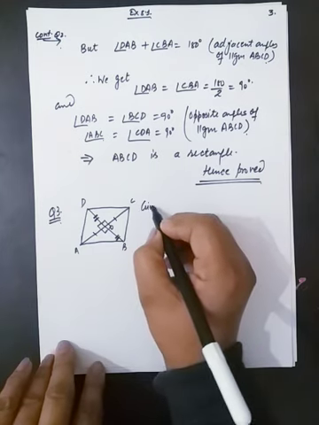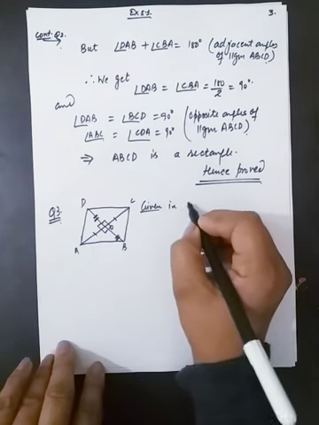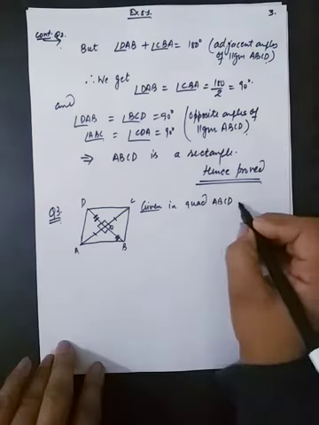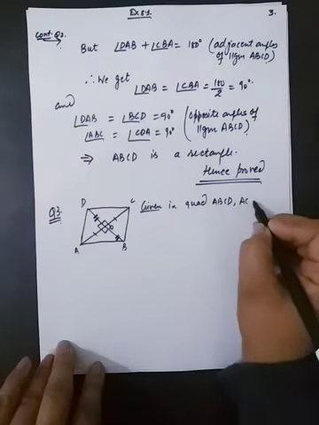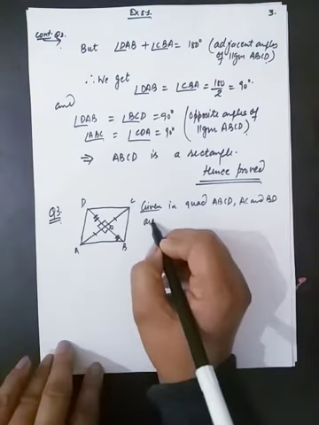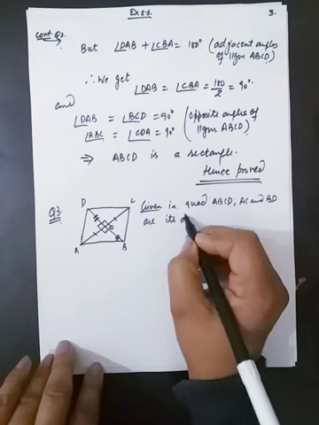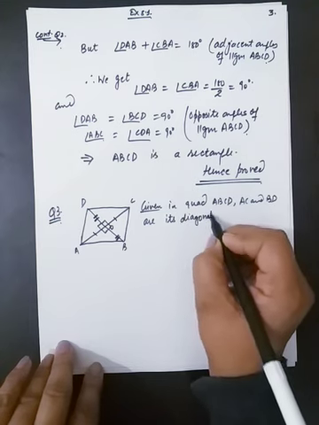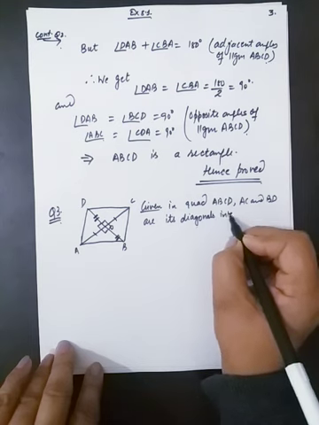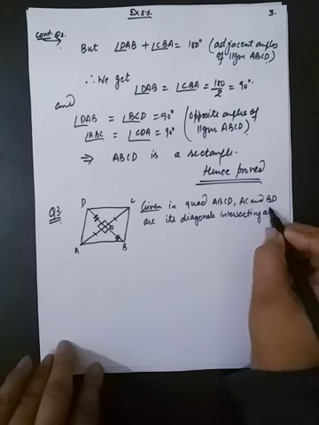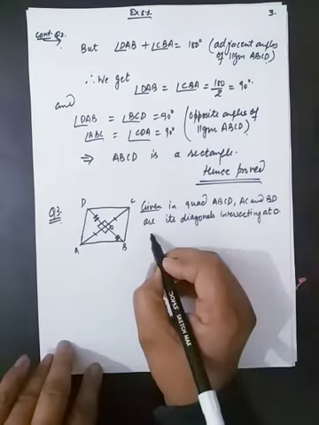So what is given here? We can write in quadrilateral ABCD, AC and BD are its diagonals intersecting at O. And what else is given?